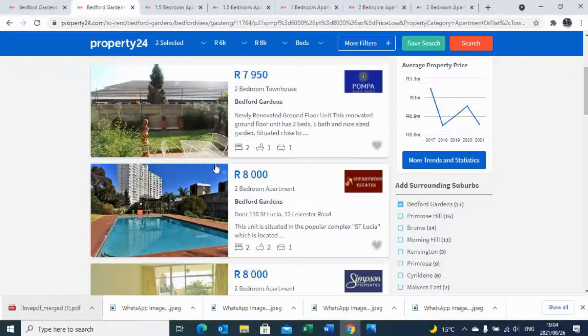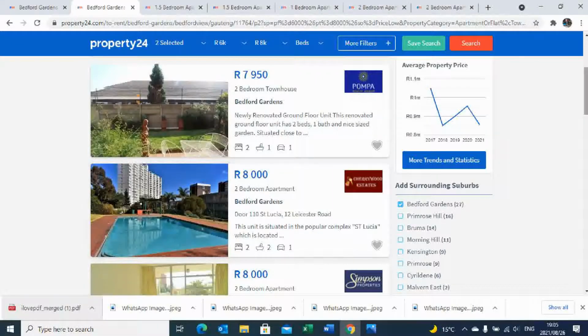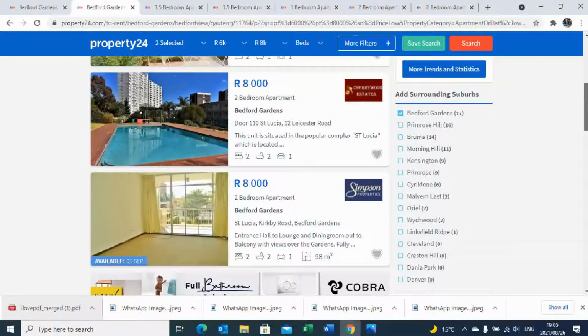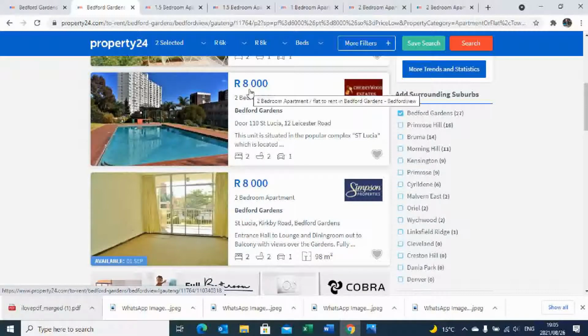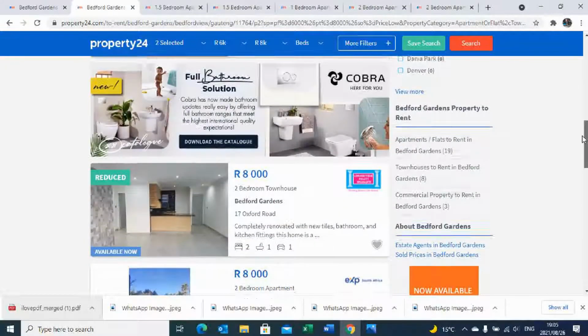In the very same complex we have a 2-bedroom, or next to the same complex, a 2-bedroom for 8,000. So the 1-bedroom for 8,005 is out. There's no need to take it, because this will compete with that one. A normal person would want to take this before they take the other one. So you want to price it correctly.